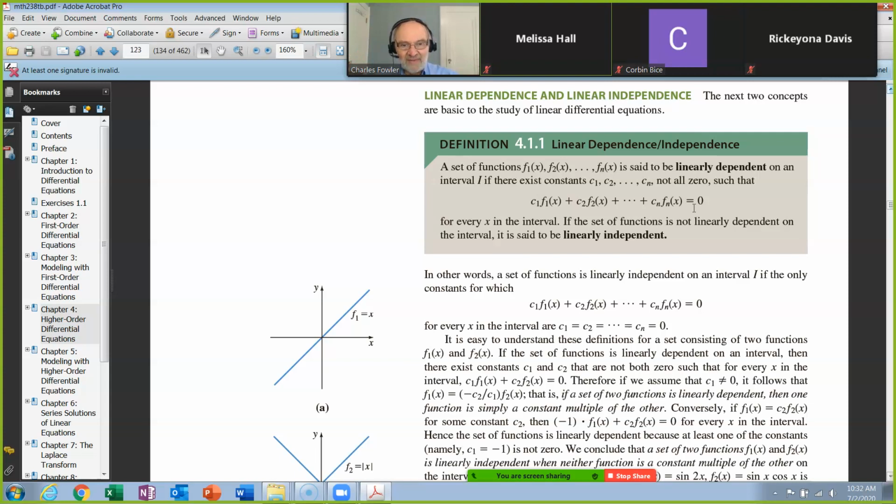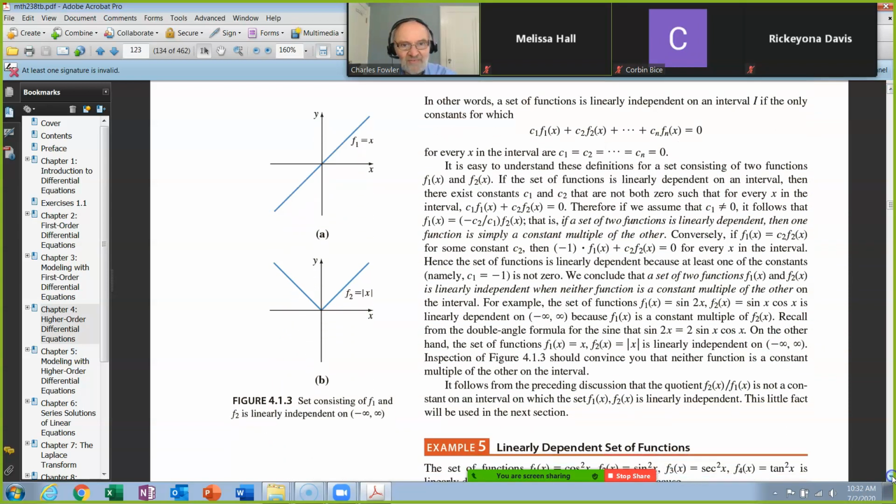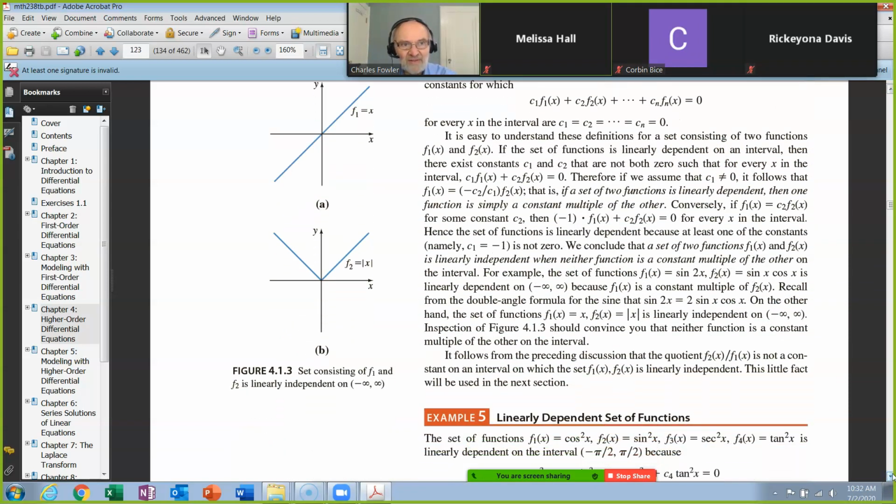Now it's easy, they say. I always am suspect when the book says, it's easy to see. Okay, it's easy to understand these definitions. Okay, let me not go quite so far. Come on, where are you? There you are.